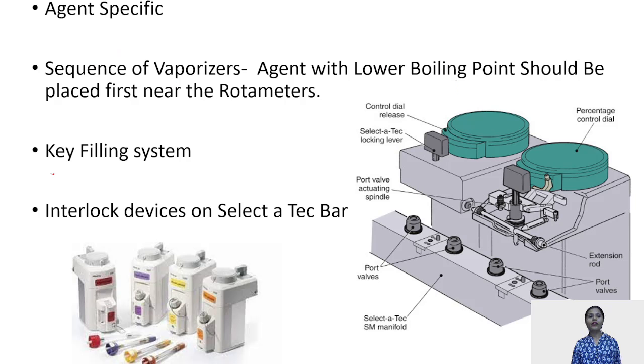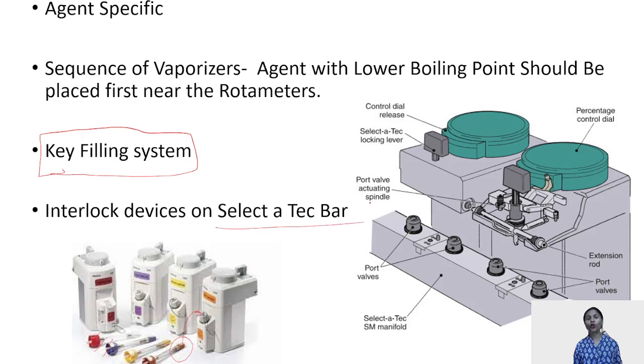They all have a special key filling system such that you cannot fill your vaporizer without using these special keys. The best part of these keys is that only a specific key is going to plug into your vaporizer. It's not possible that the key of sevoflurane is going to attach to the isoflurane vaporizer. They are very specific.